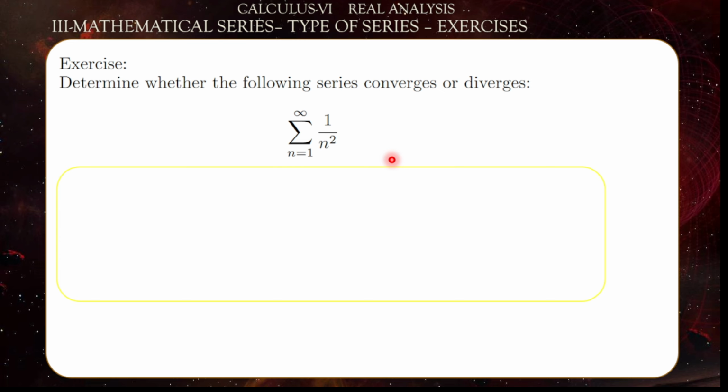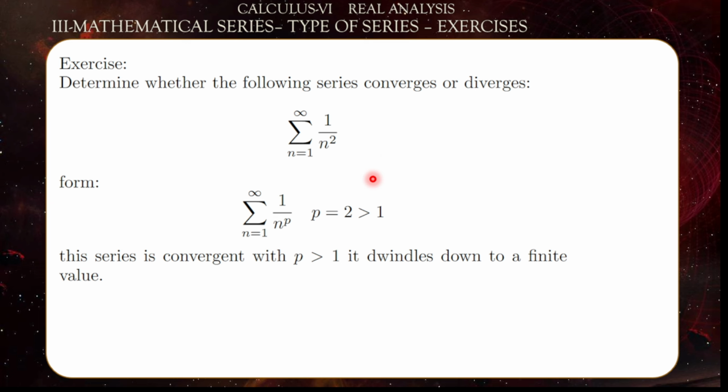Hence, since p is greater than 1, the series converges. Let's check it out. Form sigma n equal 1 to infinity, 1 divided by n to the power of p, p equal 2 greater than 1. This series is convergent with p greater than 1. It dwindles down to a finite value, in other words.